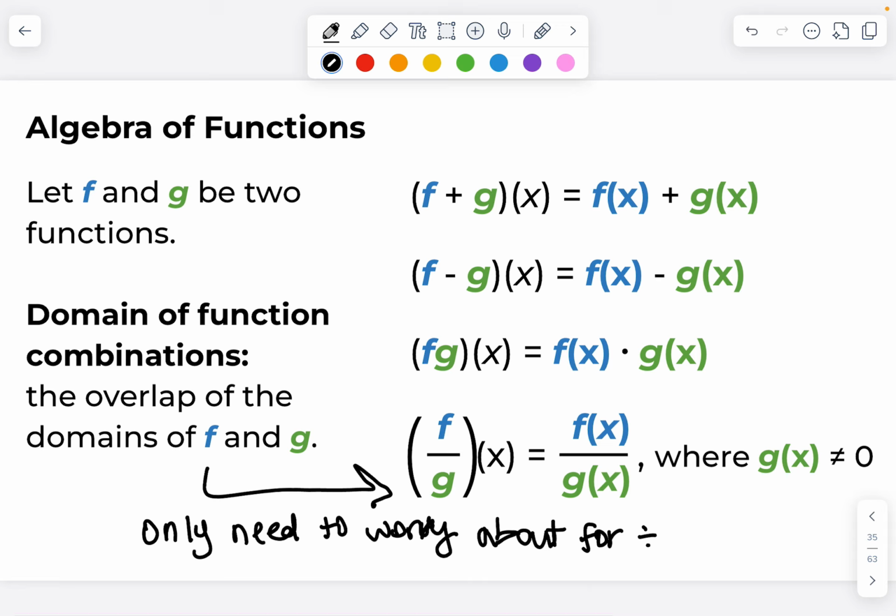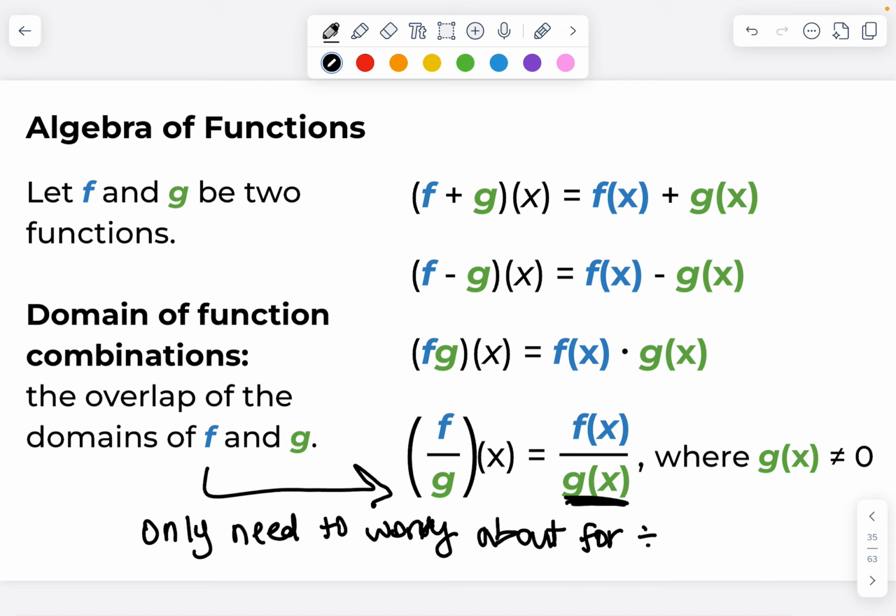The reason is because when we do division of two functions, notice we have this function down here on the bottom. If you remember from last week when we learned about rational functions, the bottom part of the rational function, the denominator, cannot equal 0. And when it does equal 0, we have a discontinuity, a gap in our domain where our function doesn't exist.